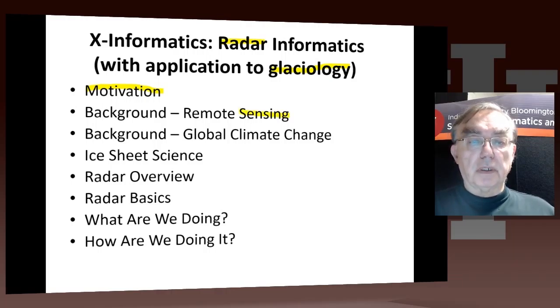Then we'll give a broad discussion of remote sensing. We will give the background of global climate change and why we need to integrate polar science with ocean predictions and atmosphere predictions and environmental predictions, and put them all together to give global climate change predictions.